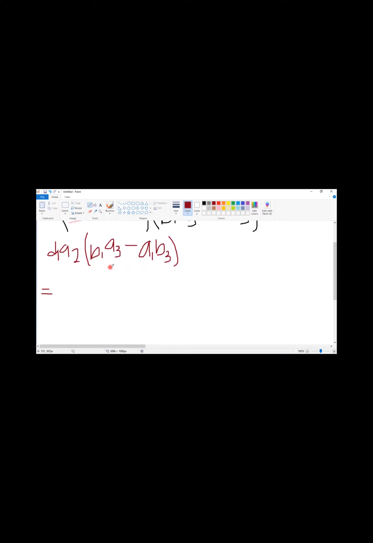So now multiplying these two, we'll have A2, A3, B1, and D1.